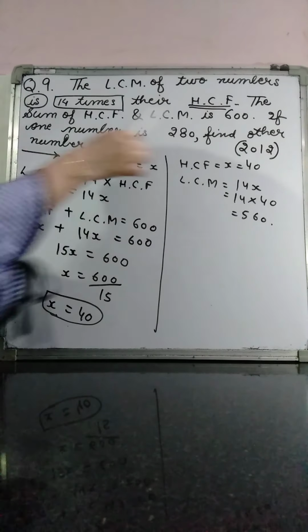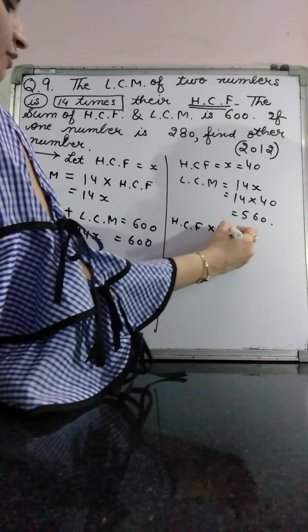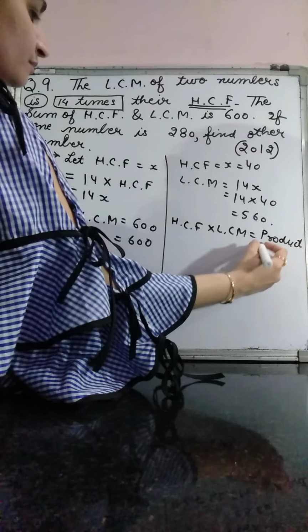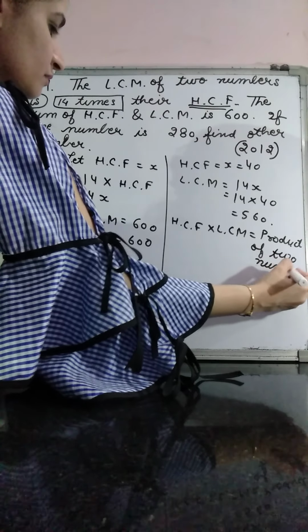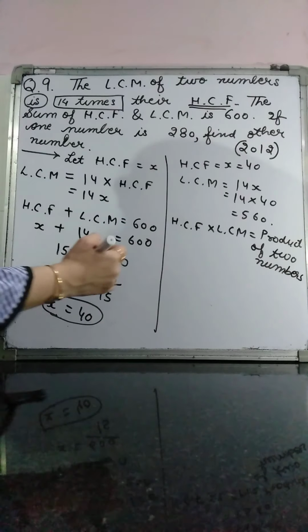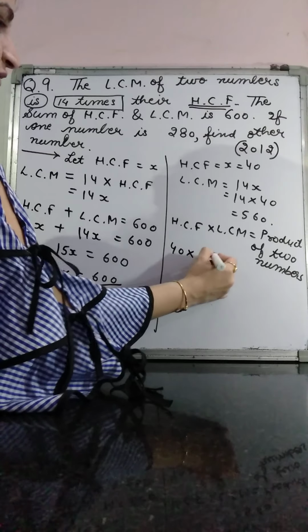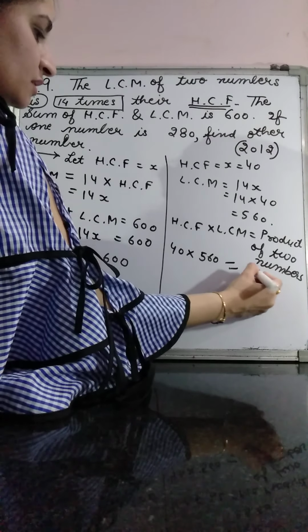Now we need to find out other number. Apply the identity. HCF into LCM is equal to product of two numbers. For HCF substitute value 40, for LCM substitute value 560. One number is given 280.